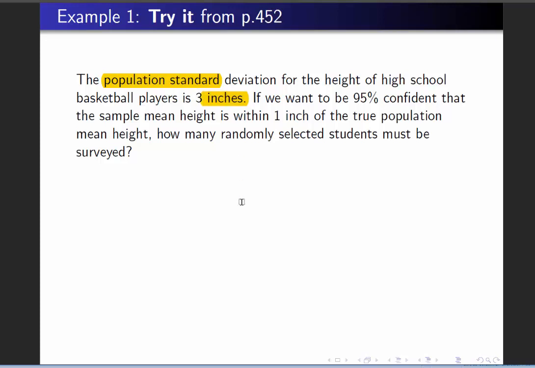If we want to be 95% confident that the sample mean height is within 1 inch of the true population mean height, how many randomly selected students must be surveyed? Okay, so these are my key elements. And let's go ahead and go through them real quick.